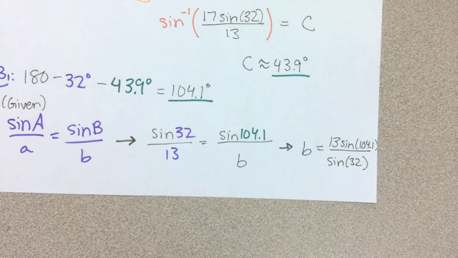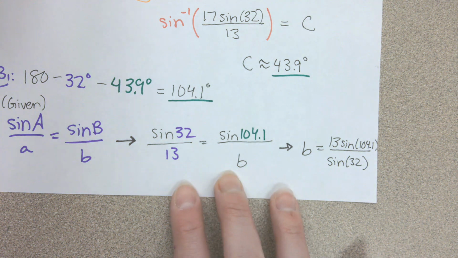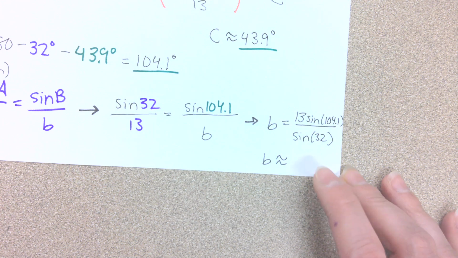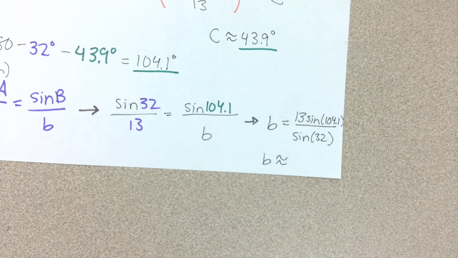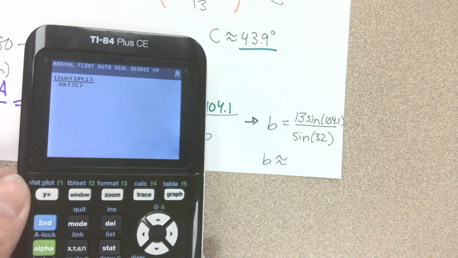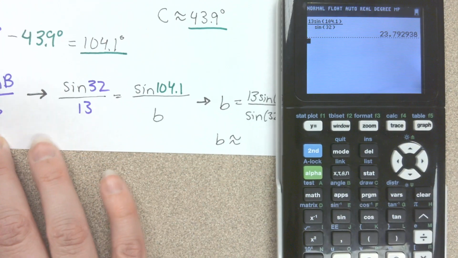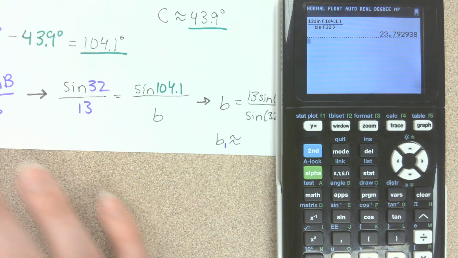So this is how it's going to end up if you do it correctly. And then calculator to get that final value. 23.8. So that's B1 is 23.8.